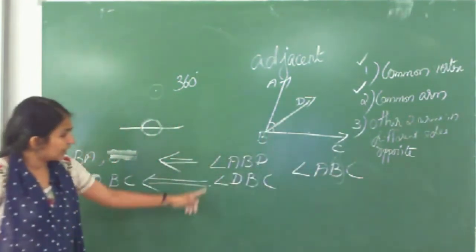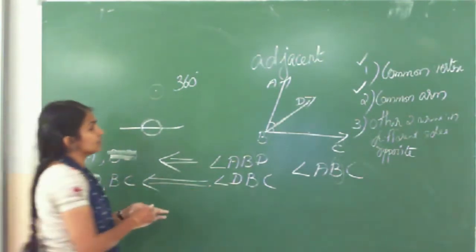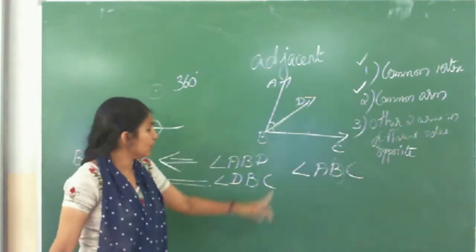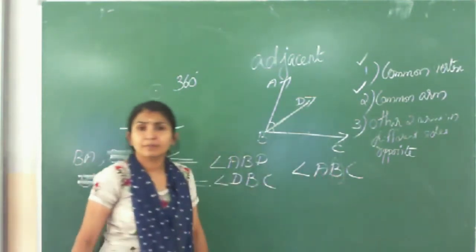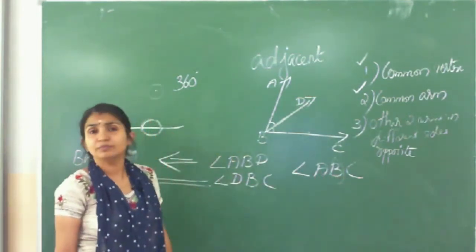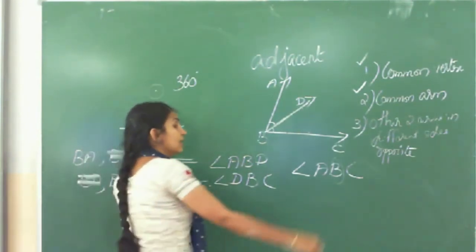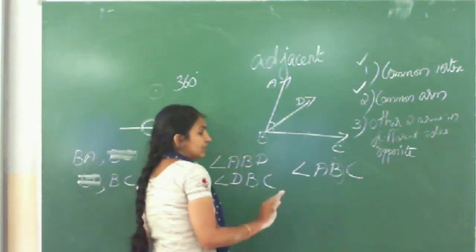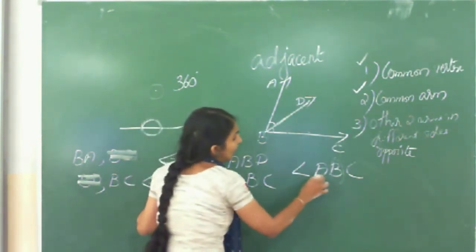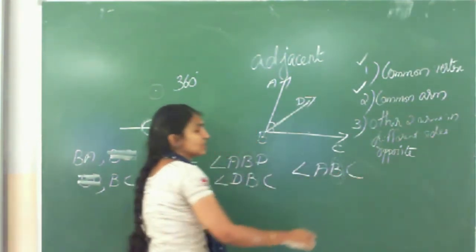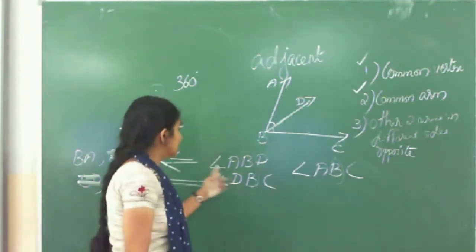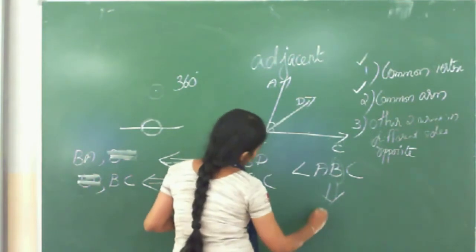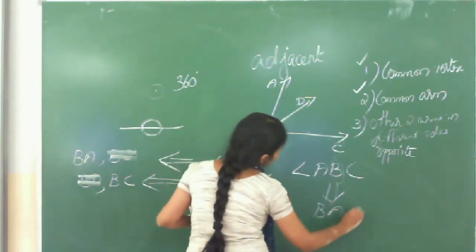See, we can say that these two angles are adjacent angles. What about angle ABC? Is it an adjacent angle of these two? No. Why? It satisfies the common vertex, that is true. But what is the common arm with this? The arms of angle ABC are BA and BC.